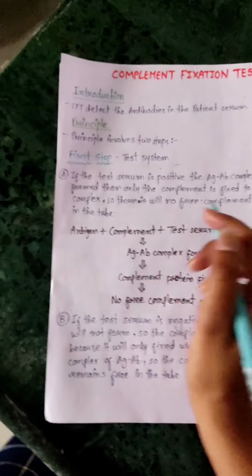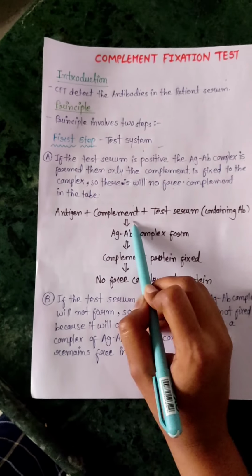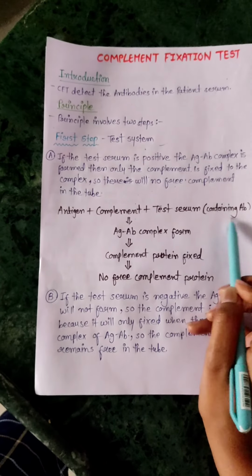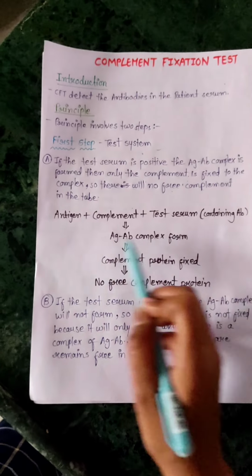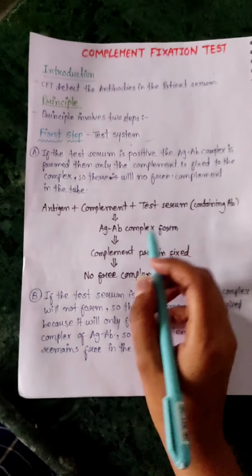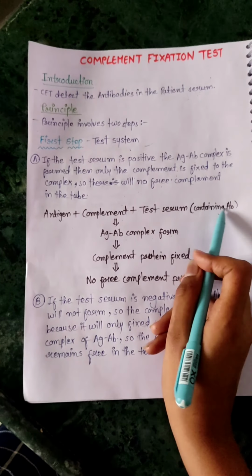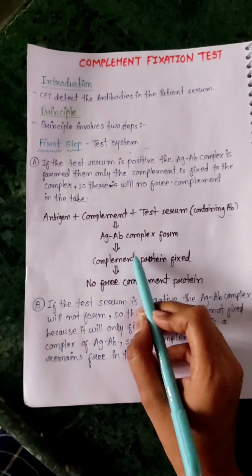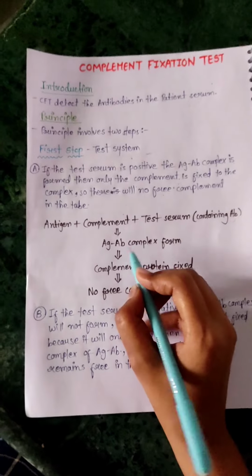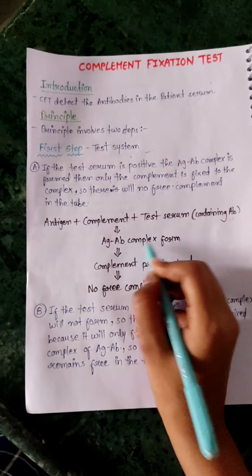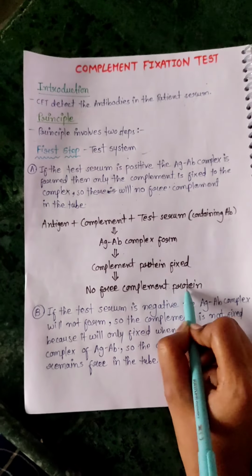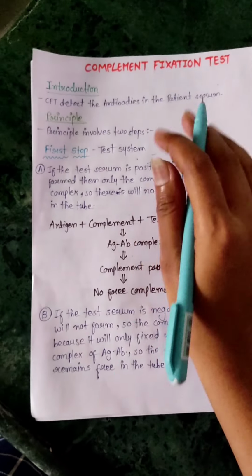That means the antigen, the complement and the test serum containing antibody are all in one tube. The antigen-antibody complex is formed because it contains antibody, and the complement protein is fixed here because there is an antigen-antibody complex. No free complement protein is in this tube.